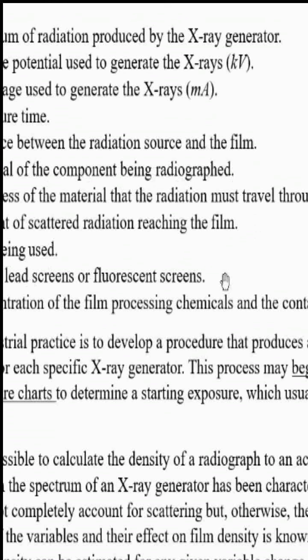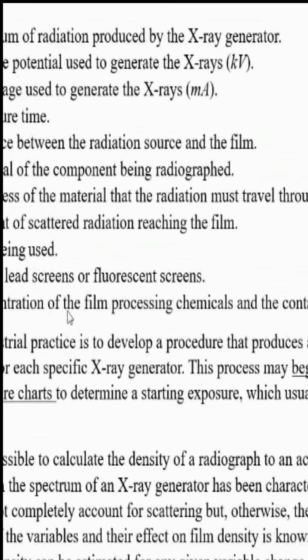Use of lead screen or fluorescent screen, that is phosphor screen, we are using or not, we have control. And concentration. So almost 4 to 5 factors are such that we cannot control. And these factors plus the variation in controllable factors decide the image quality on the film.